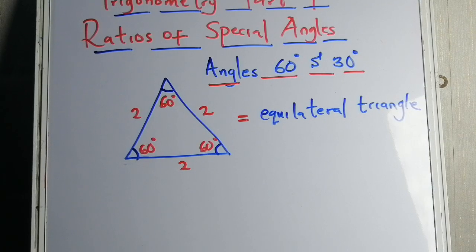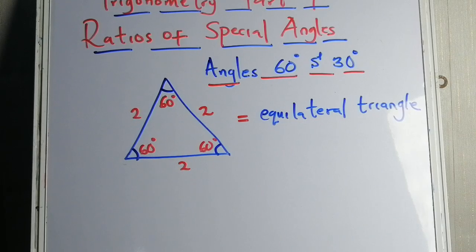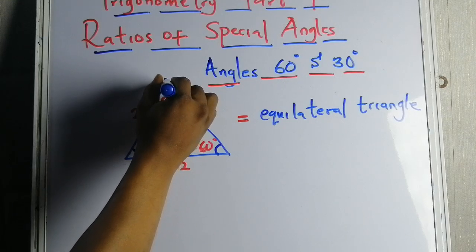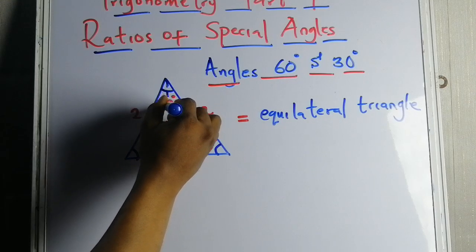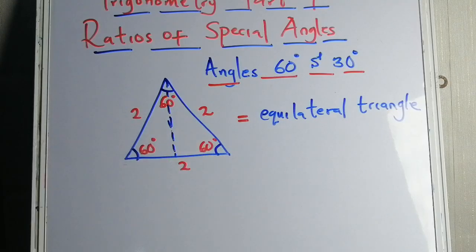We will divide this equilateral triangle into two equal halves, and that division is like this. It must be equal. We have a broken line that will divide this triangle into two.